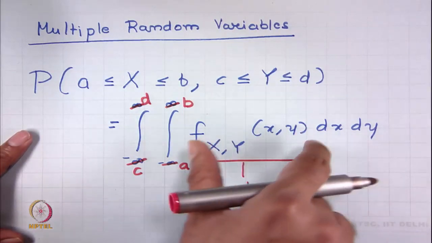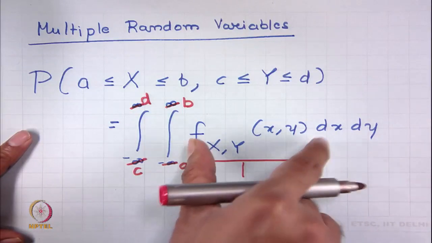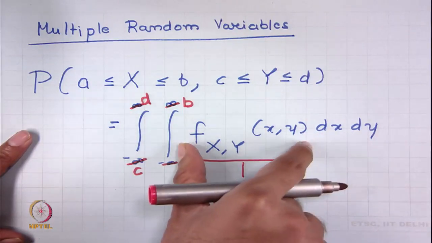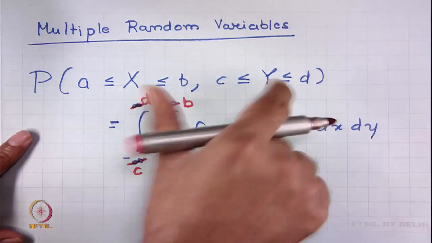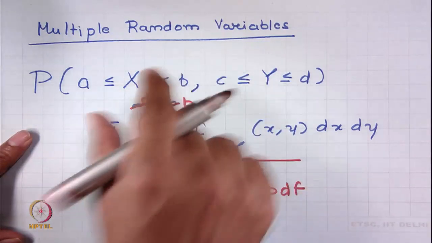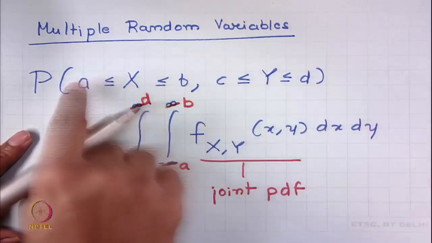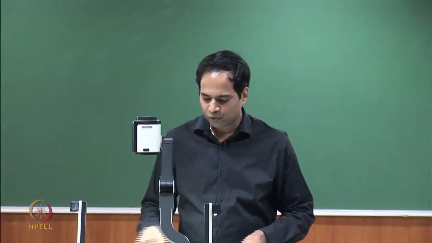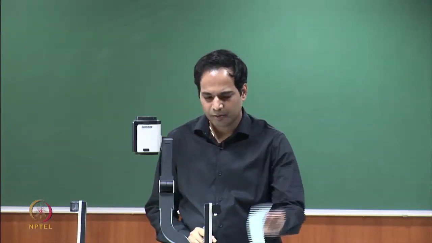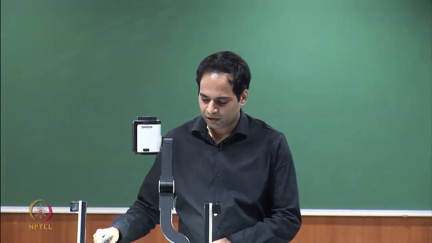So, using a joint probability density function, I can compute the probability of two random variables lying in a region. Okay. So, let us try to interpret this joint probability density function a little bit more and see what this means.